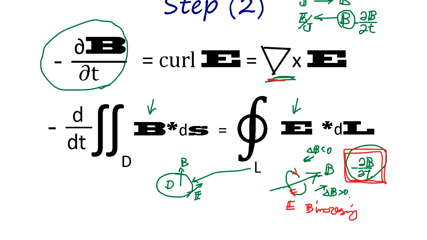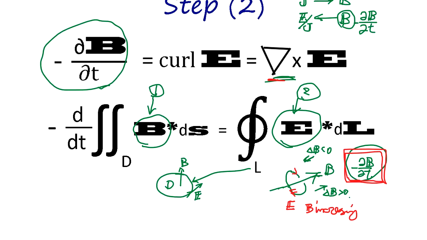Now again, Maxwell's equation doesn't tell you two things. One, which is the cause and which is the effect. And it doesn't tell you how much E is generated by B.